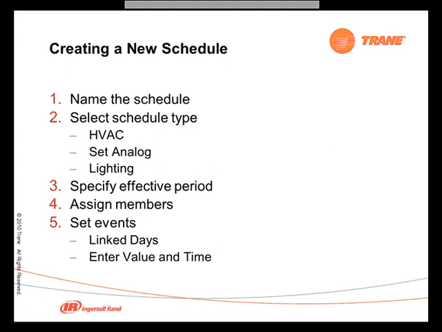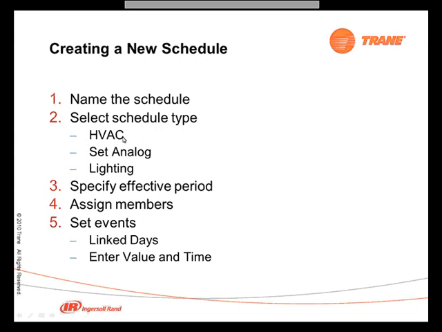Creating a new schedule, the process is fairly simple. The main thing that you need to keep in mind is that you need to create a name for the schedule that's very descriptive, because you need to make sure whoever follows you at the store that you're at knows exactly what area the schedule is supposed to control. 99% of the time, as I mentioned before, you're going to be using the HVAC schedule.